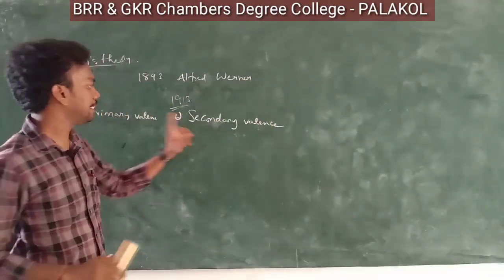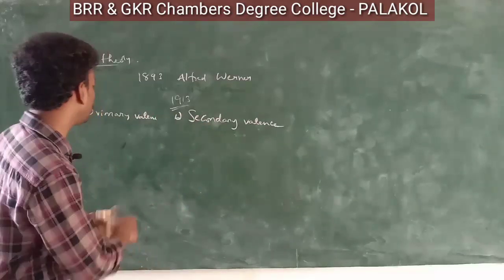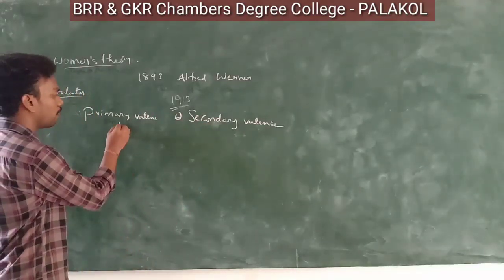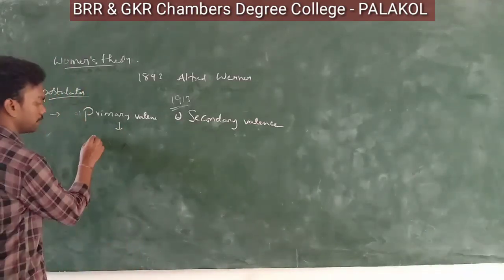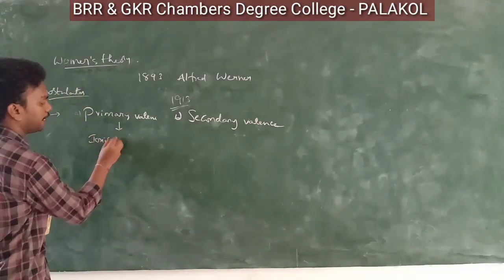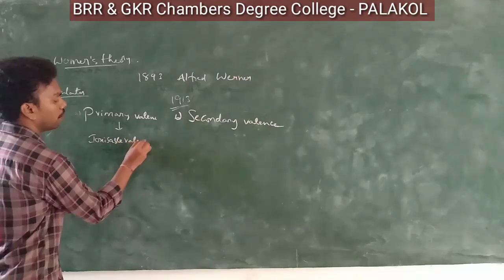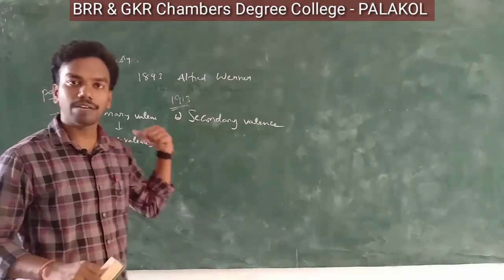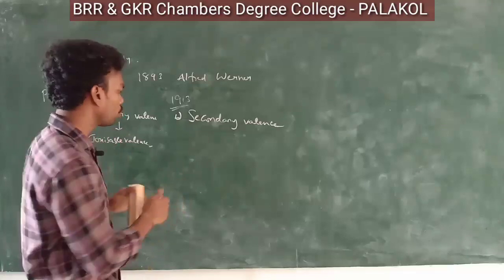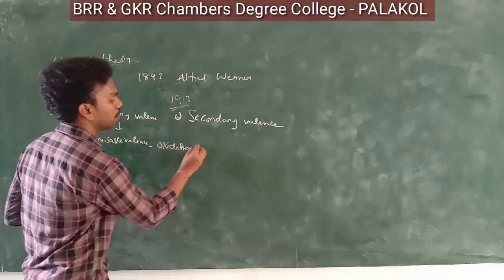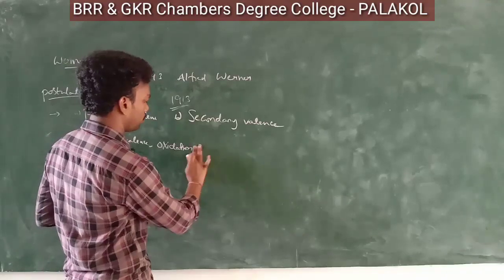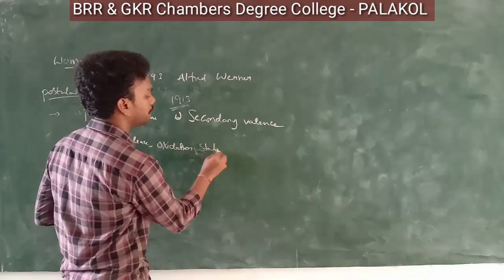So primary valency is also known as ionizable valency, and it corresponds to the oxidation state of the center metal atom.